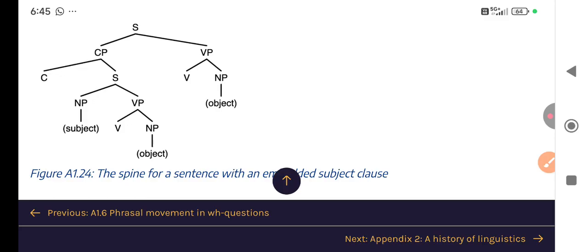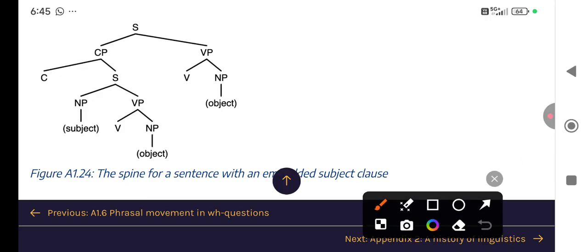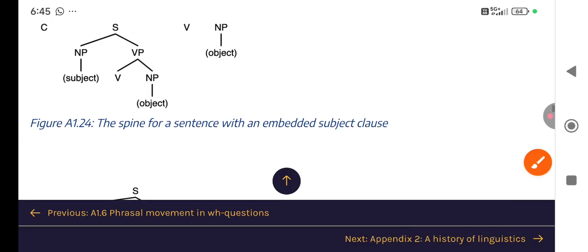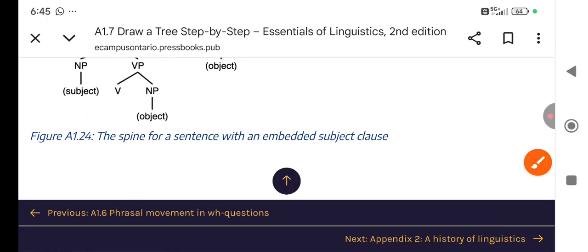That's a sentence clause, right? So that is a clause. Suppose in a sentence there is one part which is a clause phrase. So first you have to find out the clause and then sentence, then this part, this way. The spine for the sentence with embedded subject clause.